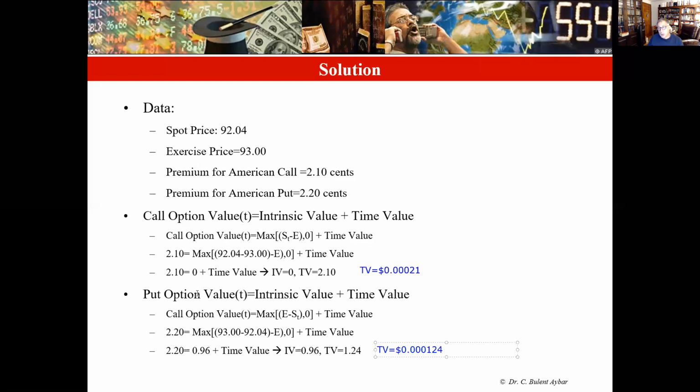In the case of the put option, there is some value that could be captured from instant exercise of the option, which is 0.96 times 1/10,000. Something more that could be captured is embedded in this value, which is 0.0124.